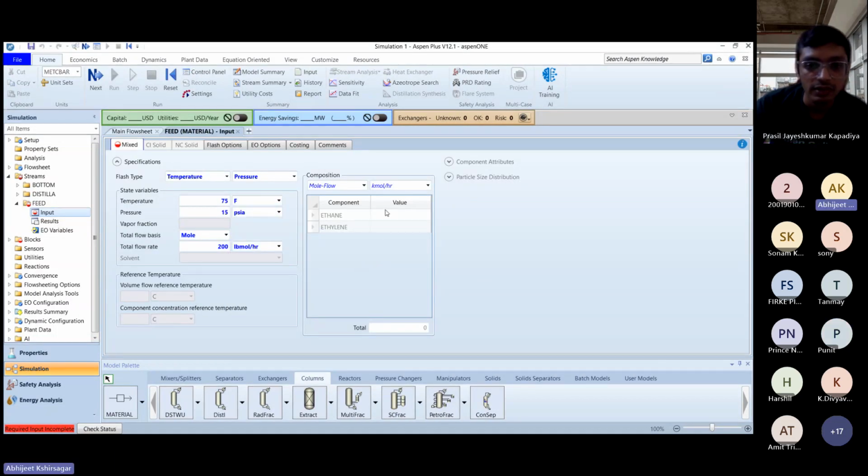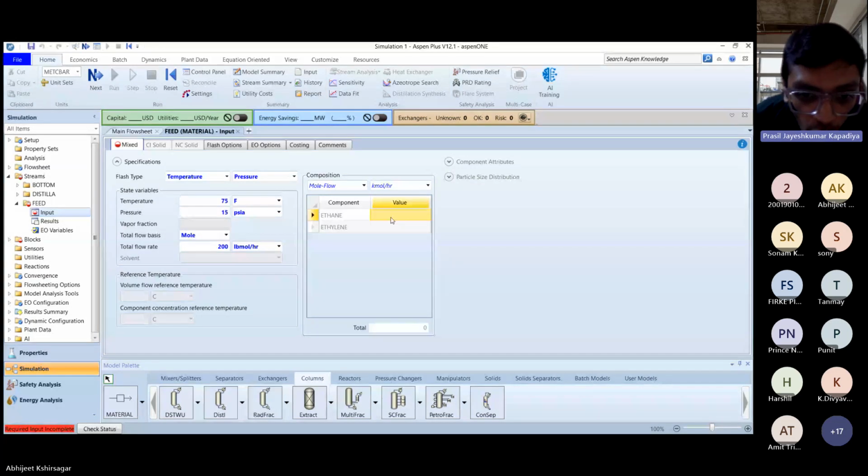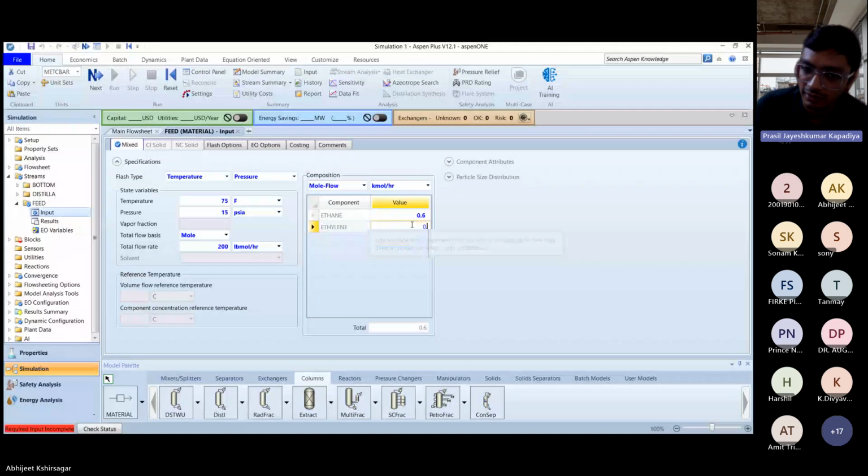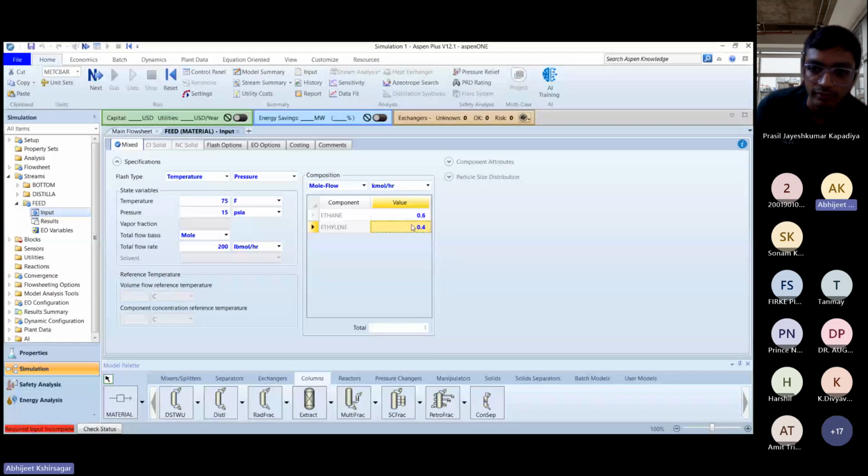Composition mole fraction: 0.6 ethane and 0.4 ethylene.